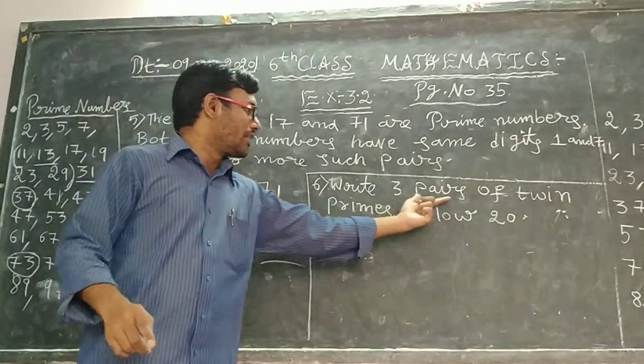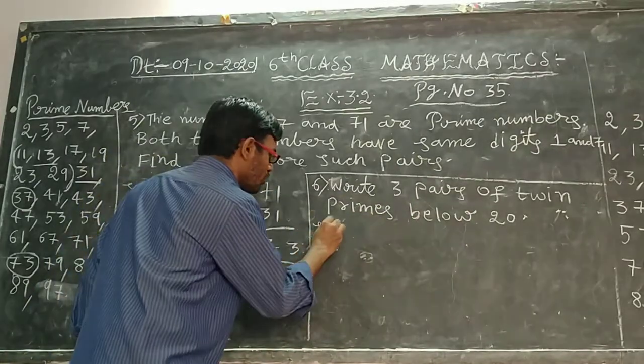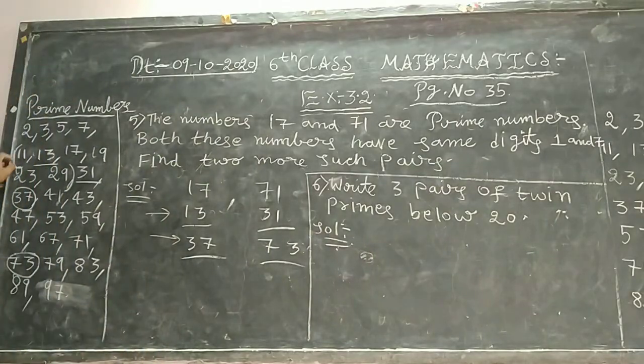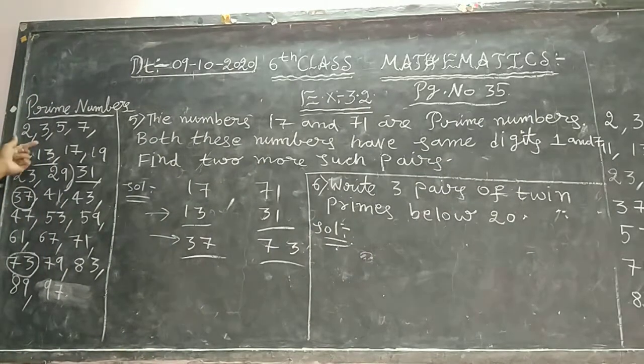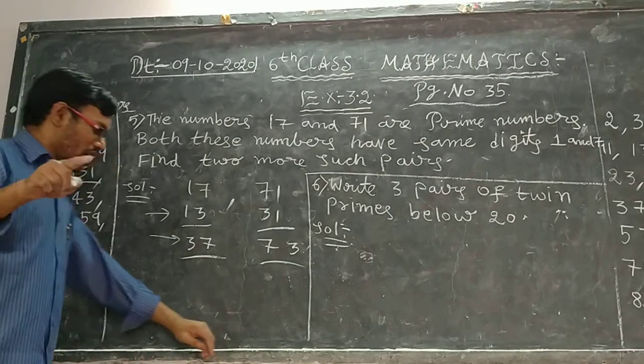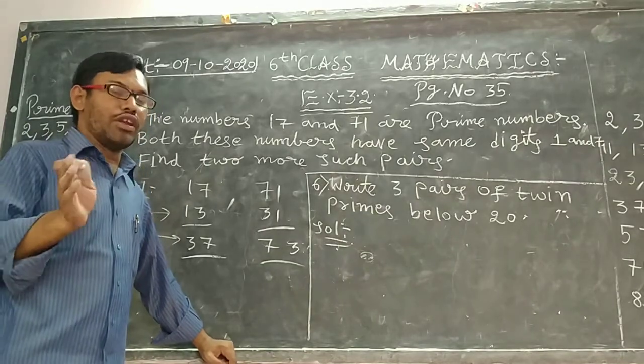So write 3 pairs of twin primes below 20. Which pairs below 20 are twin primes? 2, 3 is not. Already yesterday we said there are totally 8 pairs of twin primes below 100.